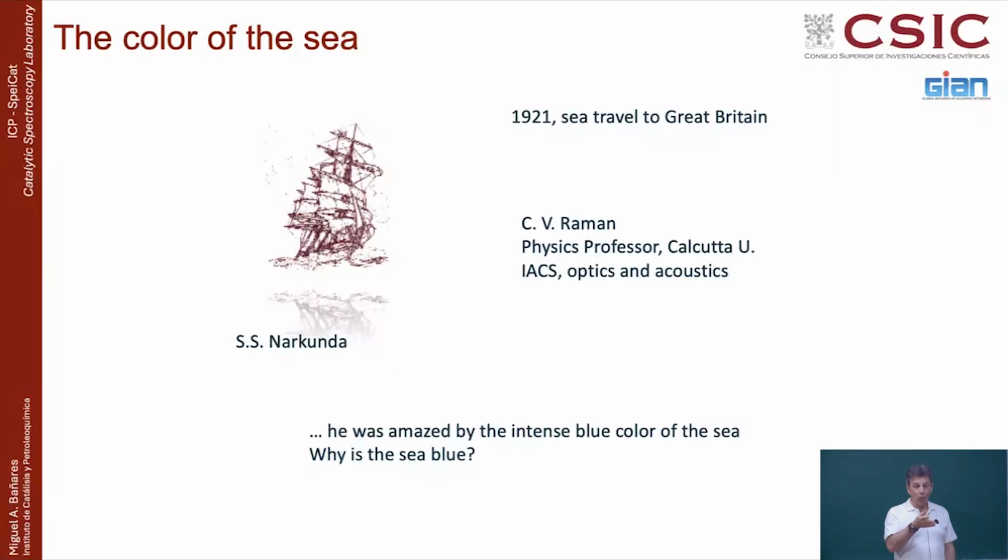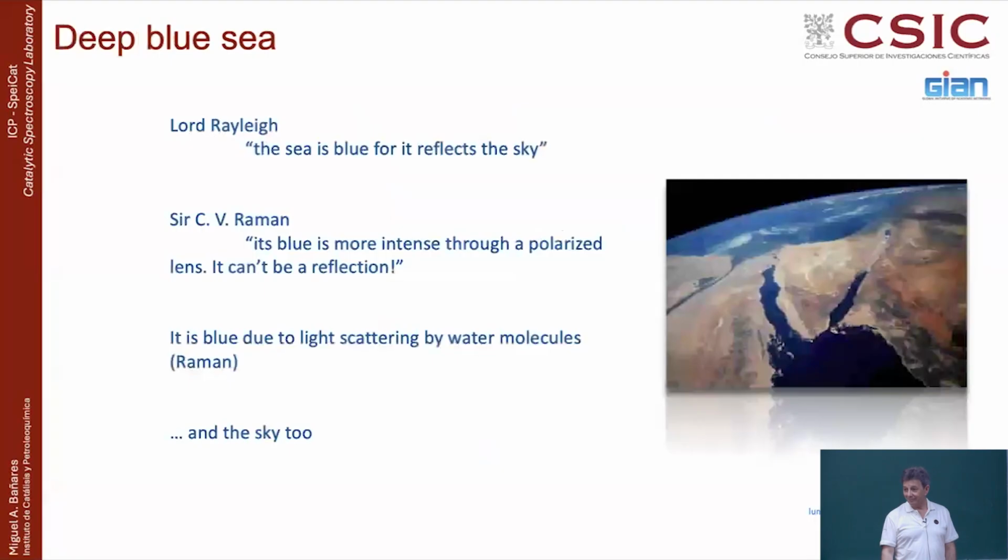And if I ask you why the color of the sea is blue, what will be your answer? Okay, scattering of the light. Where? Light of the sun scattering with the water or air?